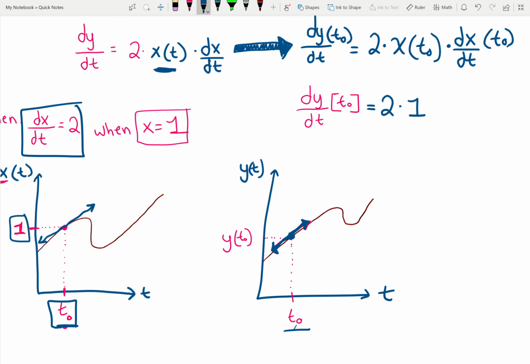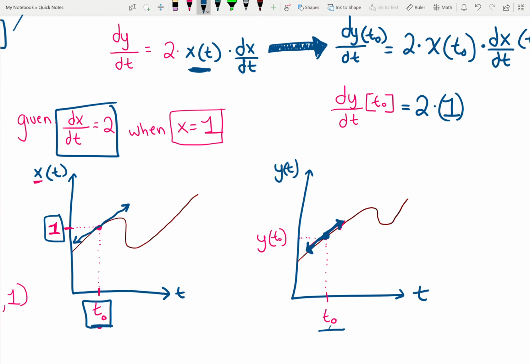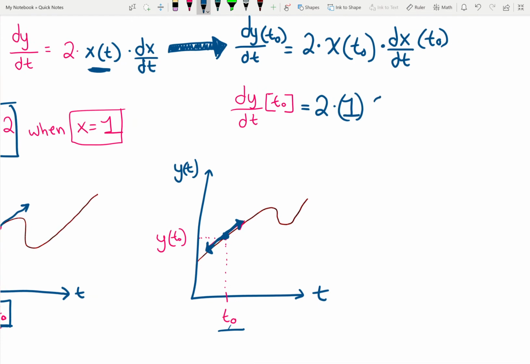So we have a 1. dx/dt at this point, so the slope at this point, is 2. That's given to us, right? So this means dy/dt is just 4. The slope of this tangent line is 4.